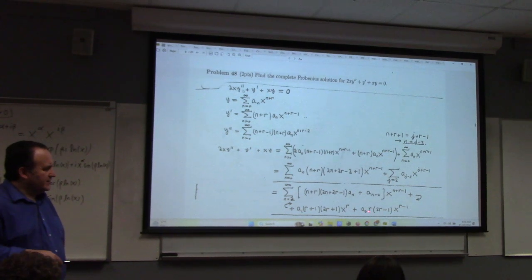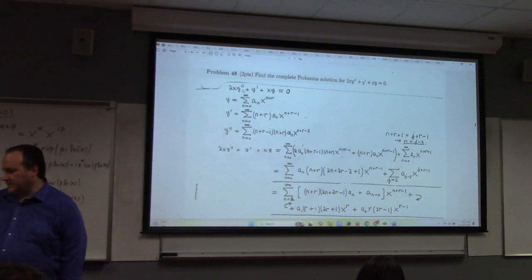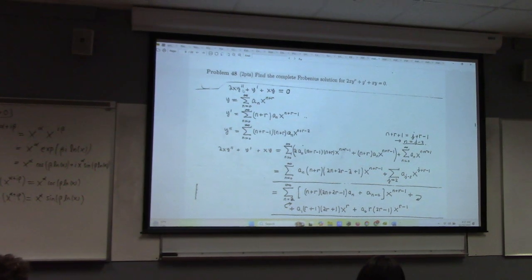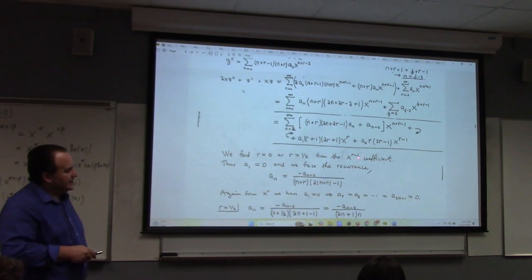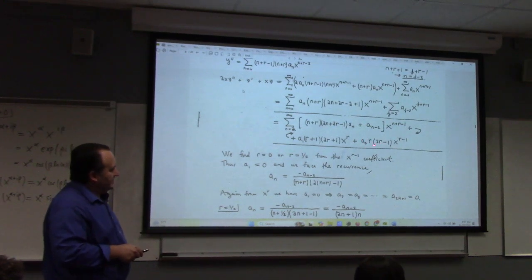Let's see, this says either r is equal to, it starts at 2. So the only place these terms occur is here, right? Let me read on here. So from the lowest order term, we either have r equals 0 or r equals 1/2, all right?